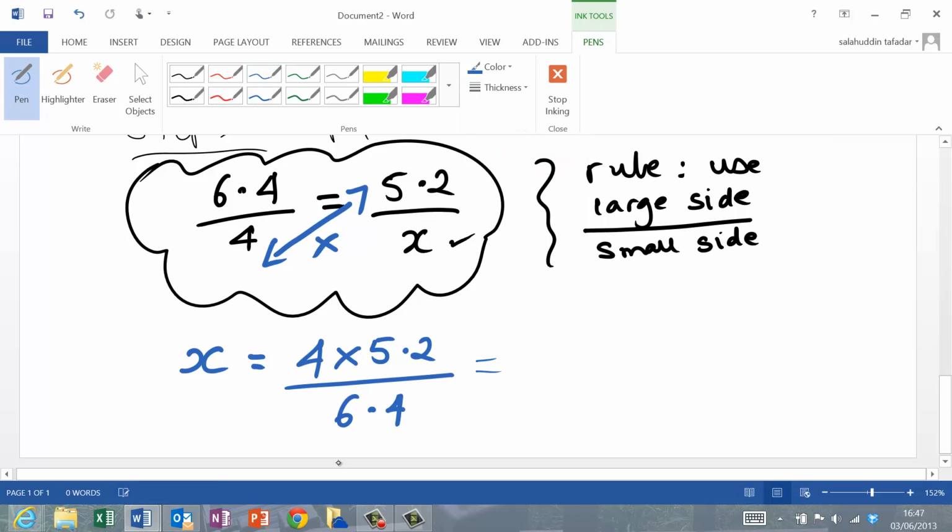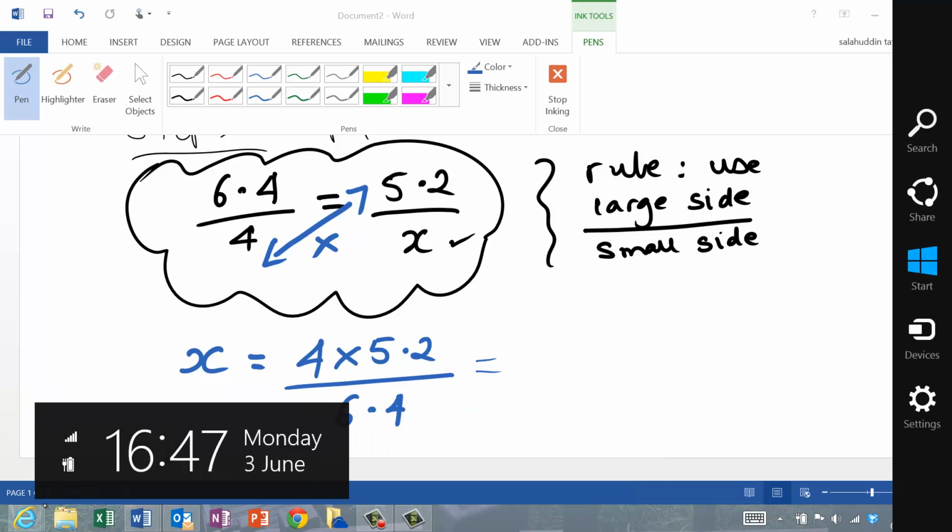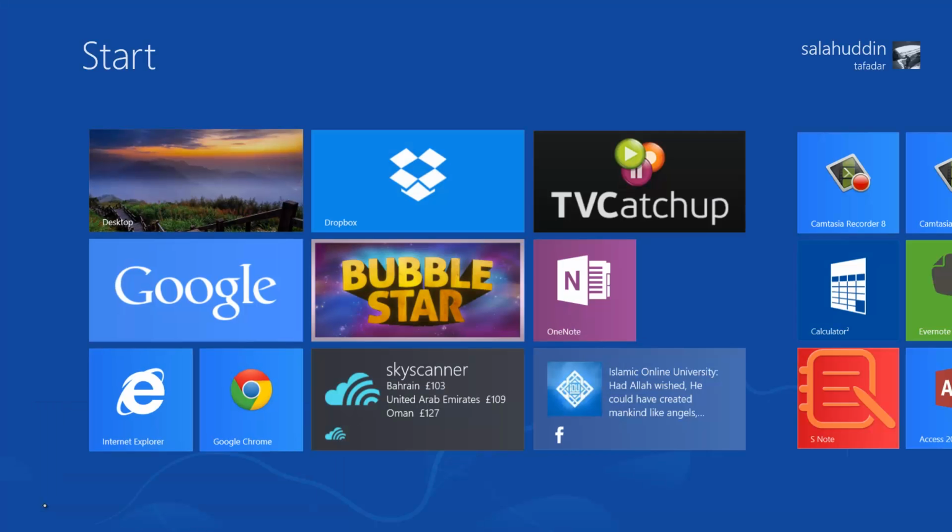Let's put this in a calculator, so let's get a calculator quickly: 4 times 5.2 divided by 6.4.